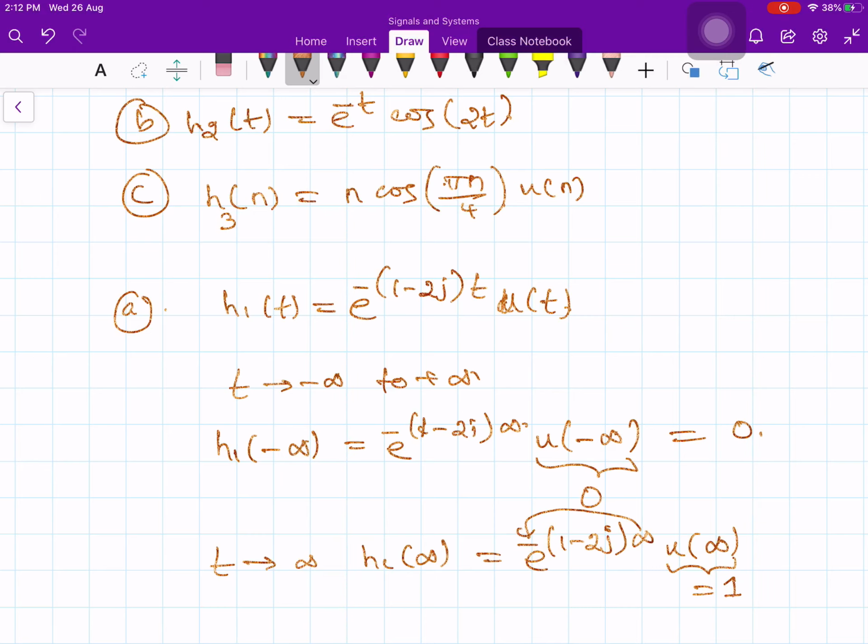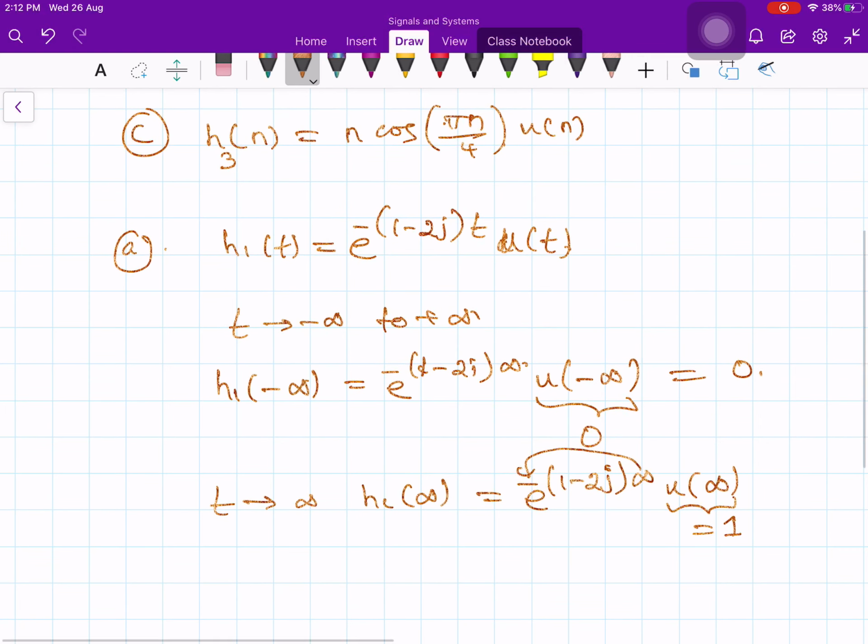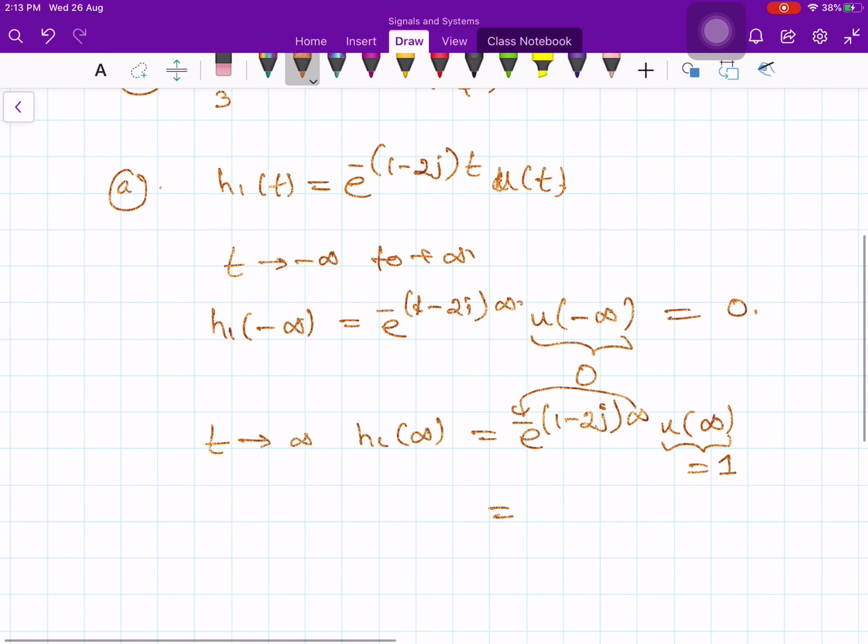Still, if you want to write very clearly, let me write down h1 of t is equal to e to the minus t times e to the j2t times u of t. Like that I can write.